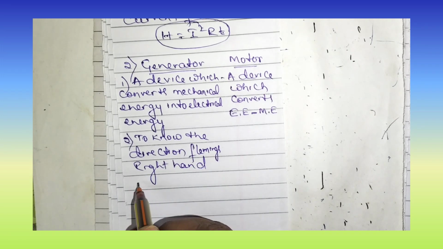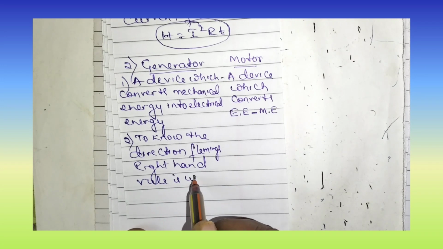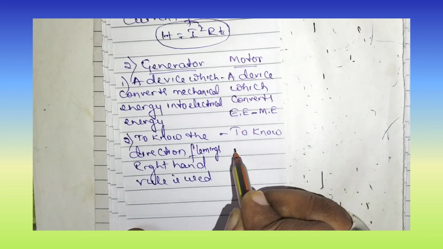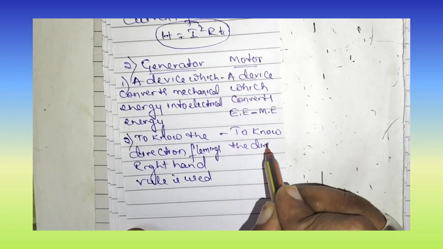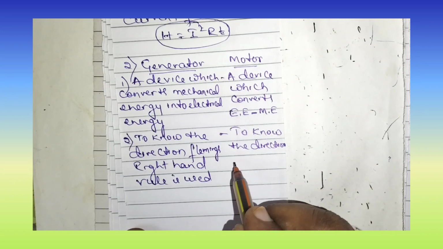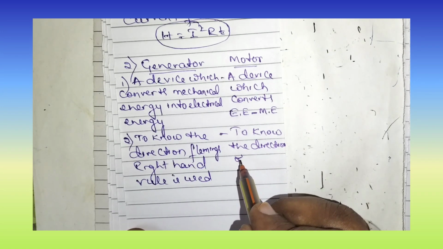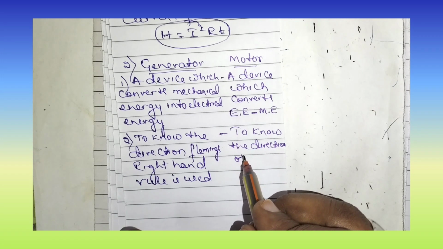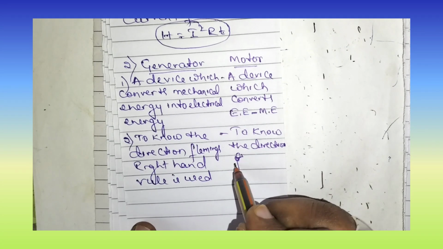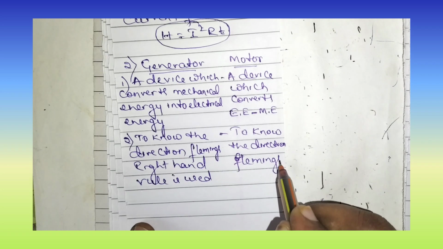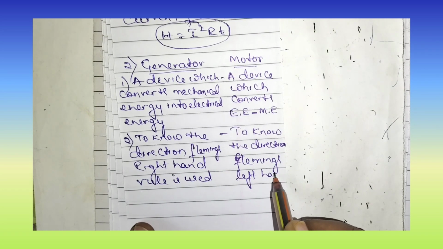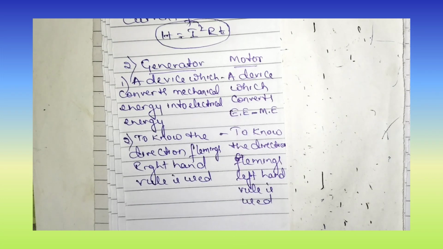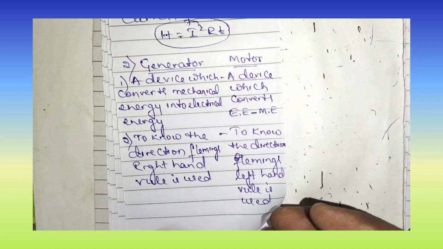In a motor, to know the direction of force, the direction of magnetic field and the direction of current, Fleming's left hand rule is used. These are the two differences between generator and motor.